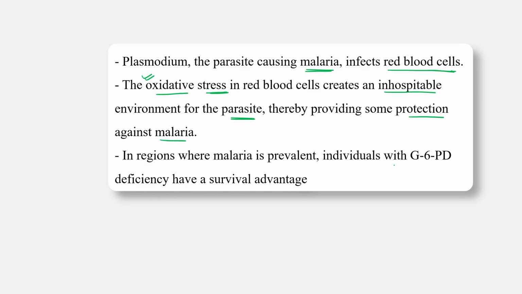So all those individuals with deficiency of the glucose 6 phosphate dehydrogenase enzyme, those individuals with G6PD deficiency, have a survival advantage. So this is how this type of mutation shows a beneficial effect for them also.